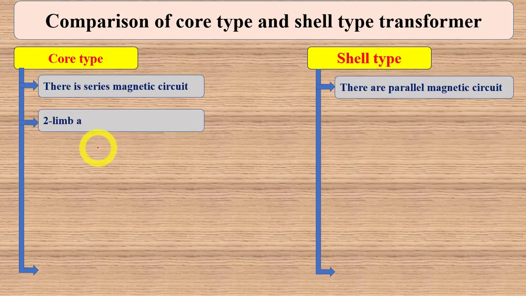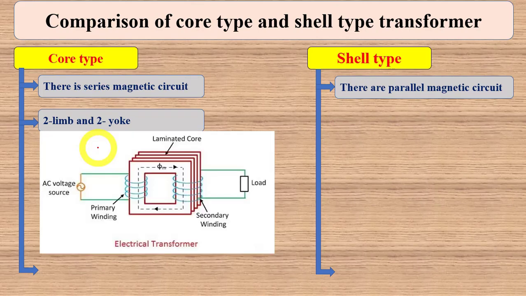Now the next point is, in a core type transformer, 2 limbs and 2 yokes are present. This one is a limb and this one is a yoke, and this one is also a yoke, and this is a limb.